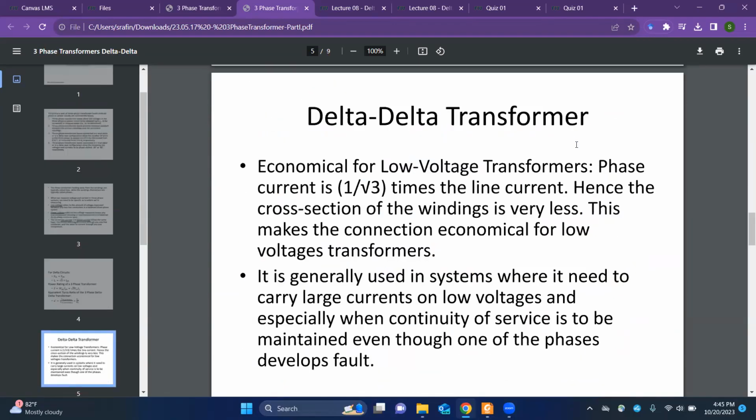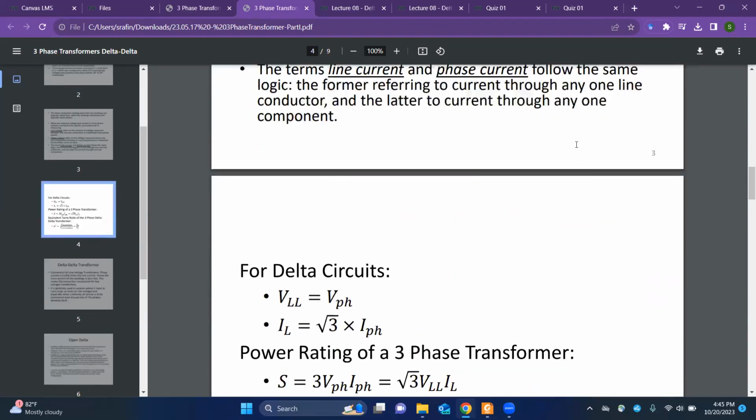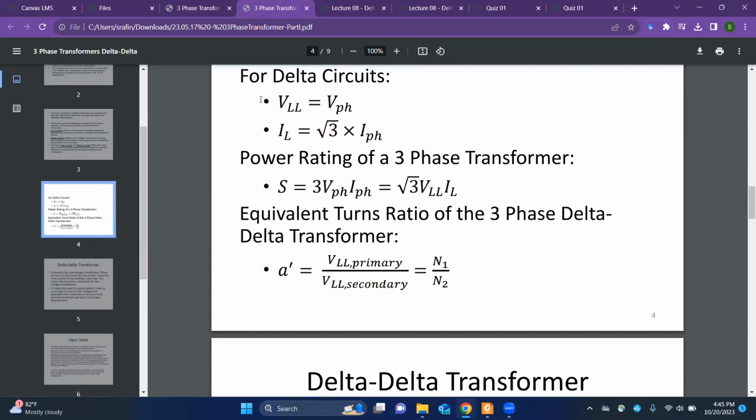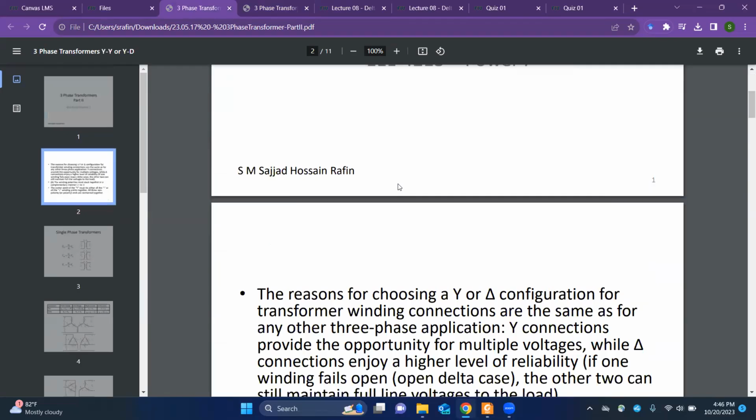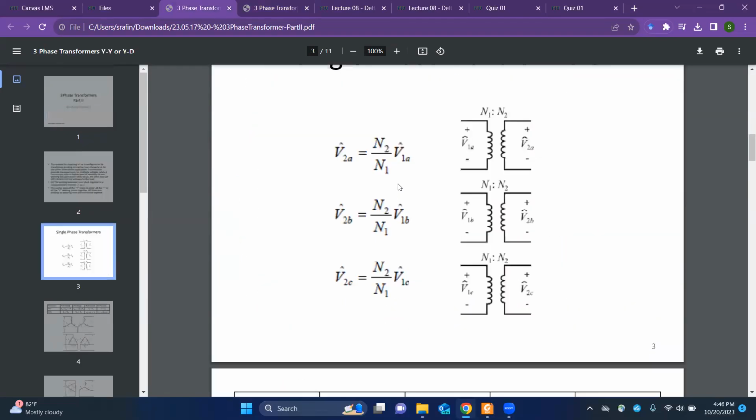I guess you all know for delta circuit how the phase voltage and line voltage are connected, and what's the relation between these two. I'll be explaining everything to you guys. So let's go to the other lecture which has a table.